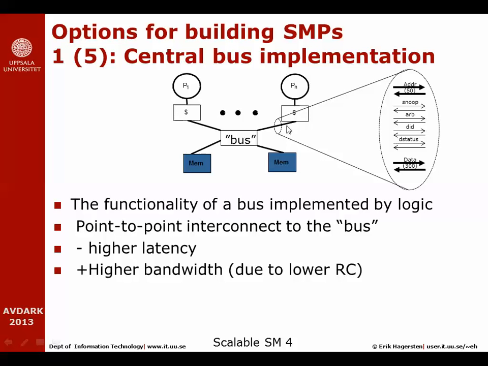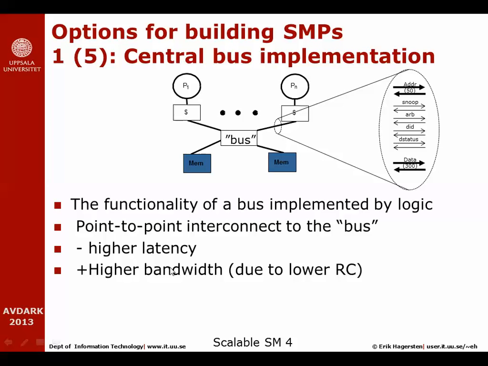The bad news is it's higher latency, because instead of just putting your message directly on the bus, we now have to send them across this serial link to the bus logic, and then after the bus logic has decided the point in time at which this transaction is sent, the fact that the snoop happened has to be transferred across these wires out to the caches so they can perform their snooping.